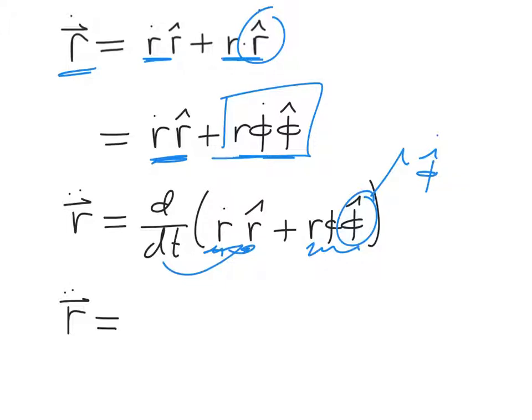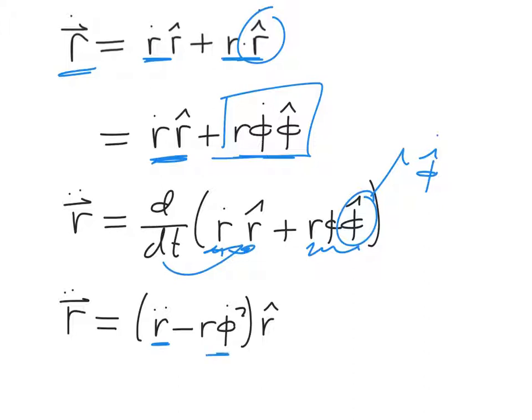You'll get two terms that point along the radius direction, the radial direction. So there's one of the terms: here is the acceleration having to do with changes in the radial distance from the origin.